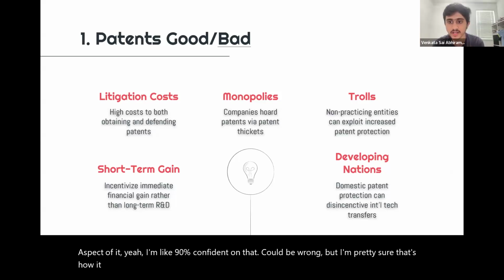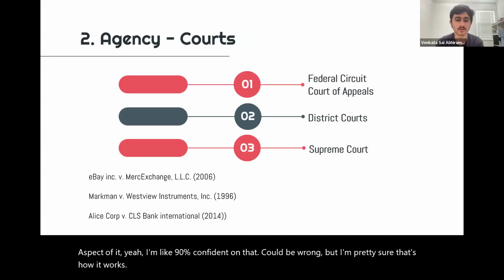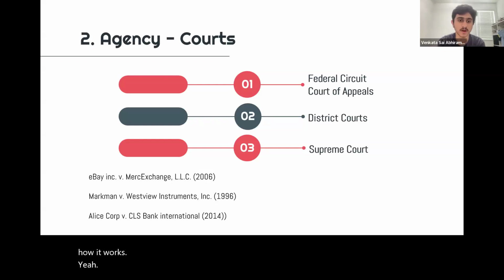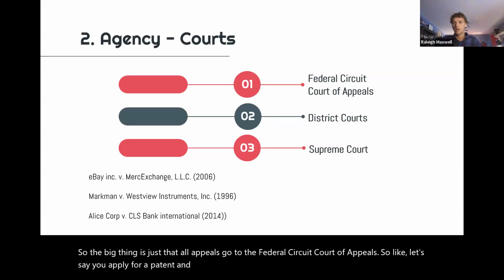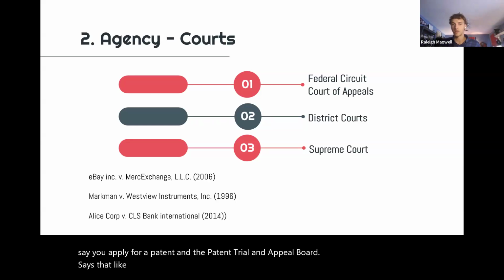And another question I have is about the courts. I've heard that the court system for intellectual property is different from the traditional one. So the big thing is that all appeals go to the Federal Circuit Court of Appeals. Let's say you apply for a patent and the Patent Trial and Appeal Board says that it does not meet a certain eligibility requirement.